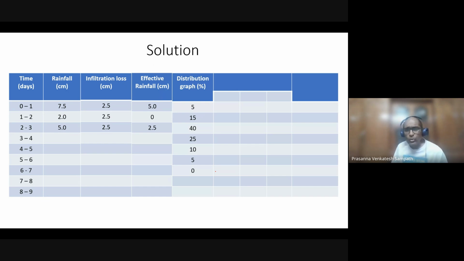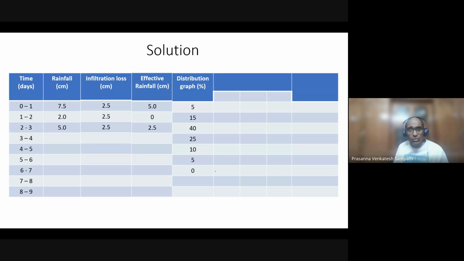Okay, so now if 5 centimeters of effective rainfall happens due to the first day's effective rainfall, this 5 centimeters can be broken up into the different components on the 6 days, right?